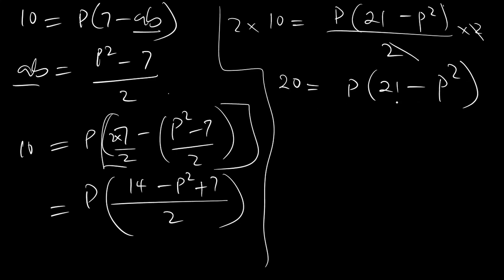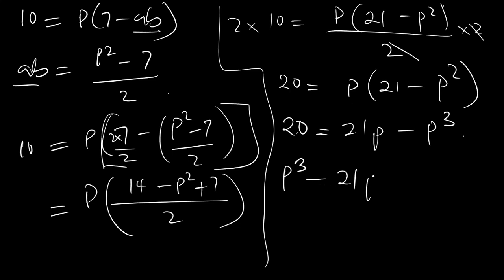Now, if you open this bracket, p times this, you have 21p minus p cubed. So moving all of them to one side, you have p cubed minus 21p plus 20 equal to 0.